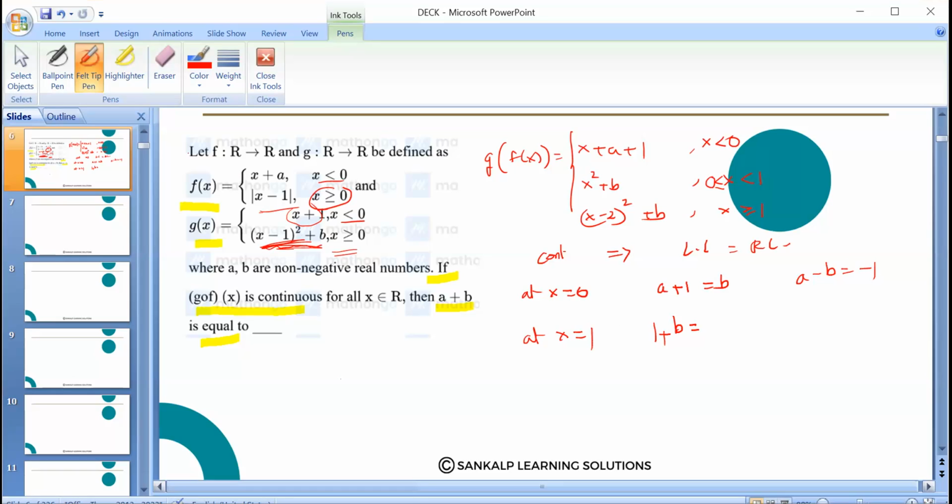So here this is not helpful. x equal to 1 is not helpful. Then what?